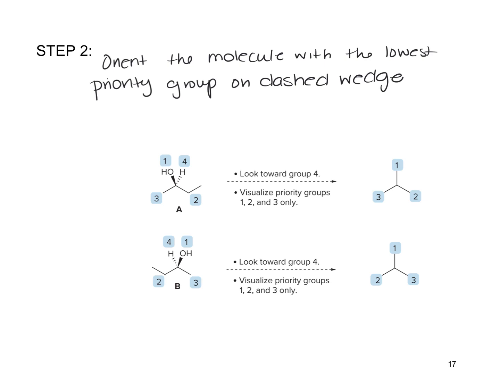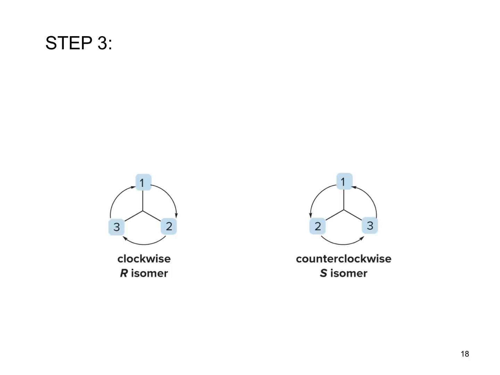Then we need to trace a circle from 1 to 2 to 3, right? If it goes in the clockwise position, that's the R isomer, and if it's in the counterclockwise position, that's the S isomer.